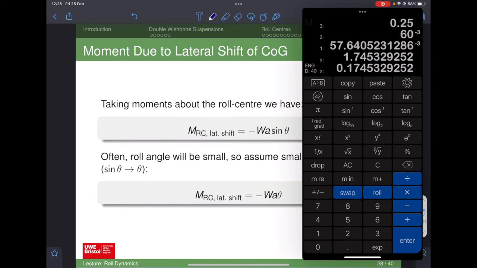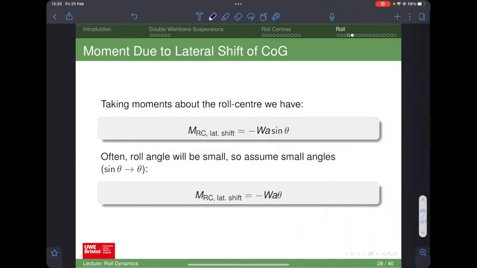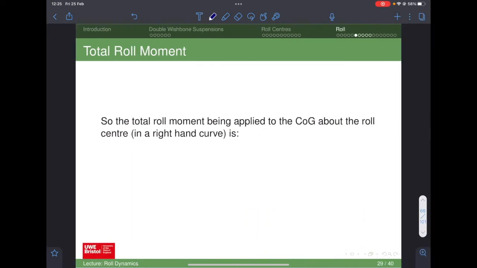If I take the sine of that 0.17, the inverse sine and the sine of that angle, they're virtually the same thing. So that's why you can make that assumption up to 10 degrees. So that's a safe assumption to make.